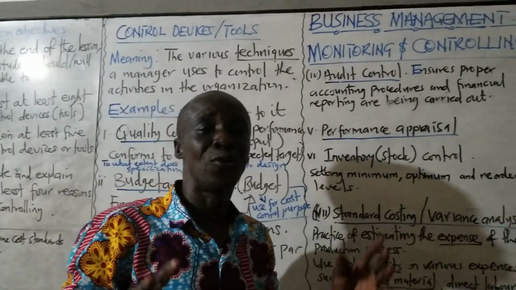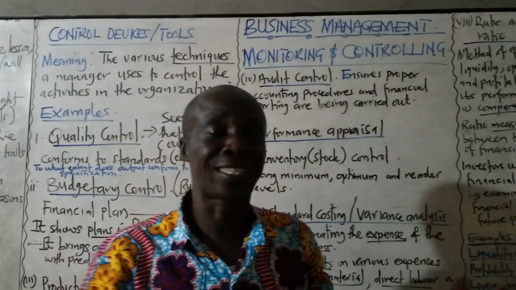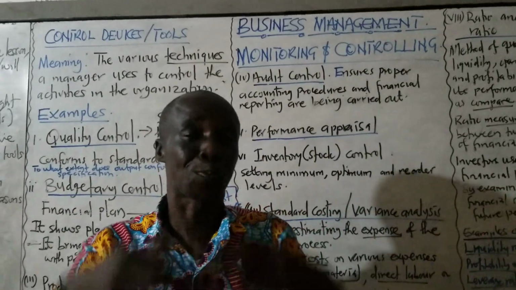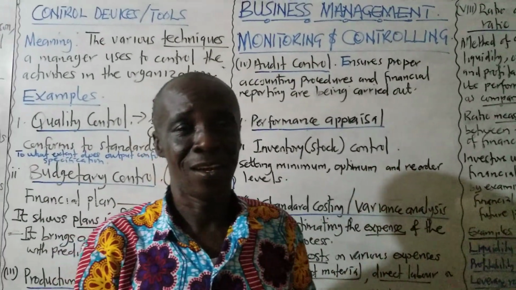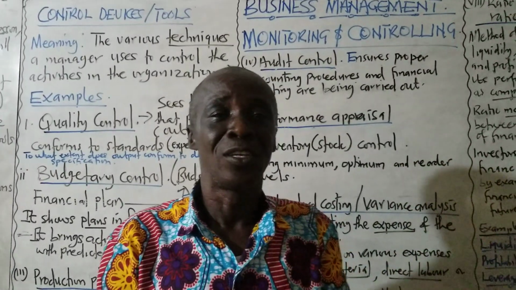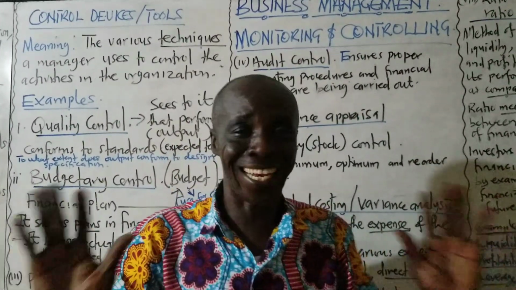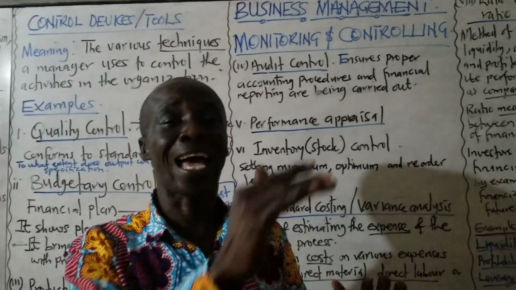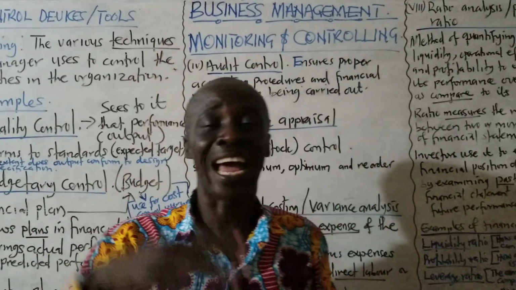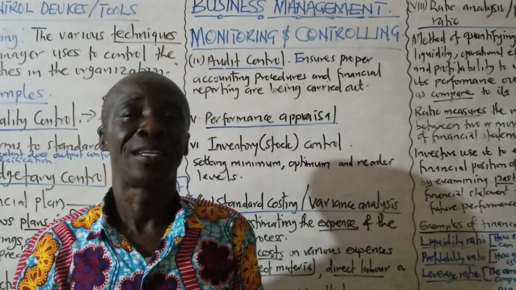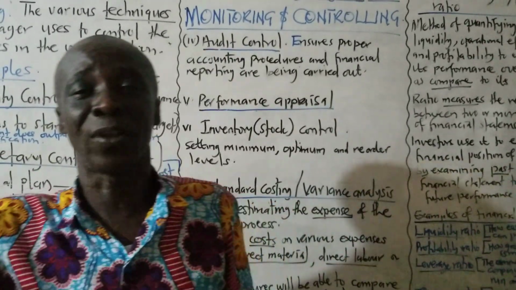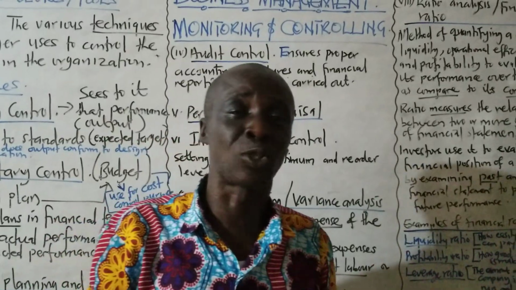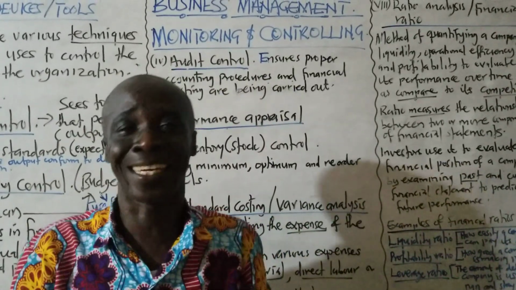Now, you buy materials and whatever, so cost is involved. You spend money. Now, as a manager or whoever you are, you should set your cost standard and know that this is how much I'm going to spend on direct materials. This is how much I'm going to spend on labor. This is how much I'm going to spend on A. This is how much I'm going to spend on C. So you have set the cost standard.